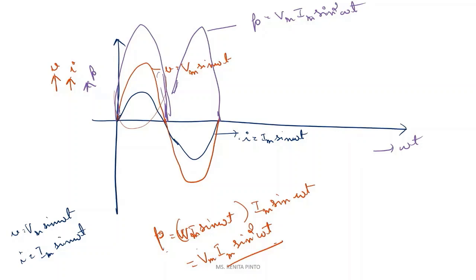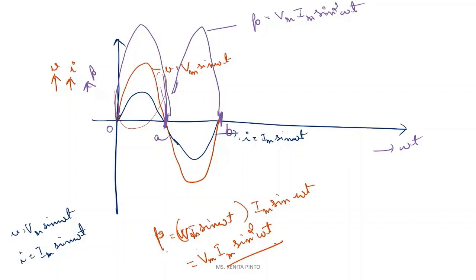Now if you analyze this waveform properly, then you can say for a pure ohmic resistance, the power is not zero at all the time. You can see that only at some instances the power is 0. So here you can see at point 0, at point A and at point B, the power is becoming 0, right?